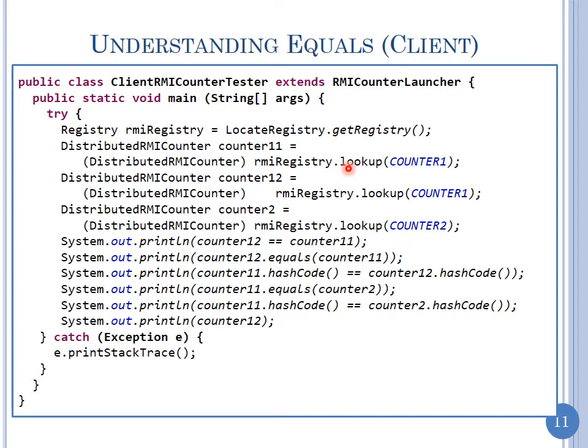It'll go to the server, and each time it goes to the server, it says, whatever object is registered there, I'll give you a copy of it. If it's a serialized object, I'll give you a serialized copy of the serialized object. If it's a proxy, I'll give you a serialized copy of this proxy. But the lookup always does a serialized copy of whatever is in the server.